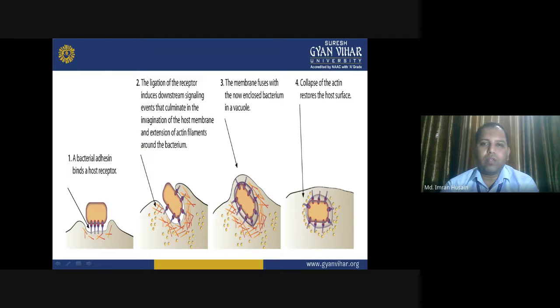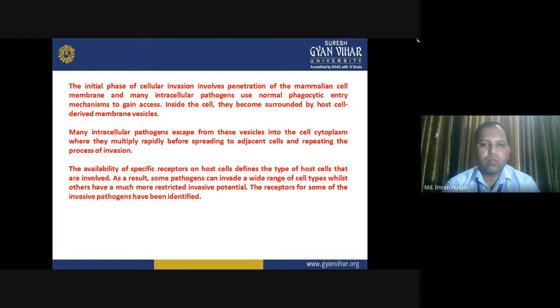Third, the membrane fuses with the now enclosed bacterium in a vacuole. So collapse of actin restores the host surface. So this is how the bacteria enters inside the host.